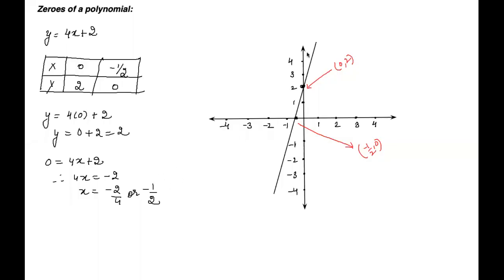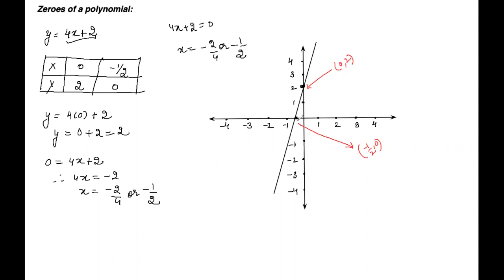Also, to find the 0 of the polynomial, we substitute 4x plus 2 equals 0. So x will obviously come equal to minus 2 by 4, or we can say the 0 will be equal to minus 1 upon 2.